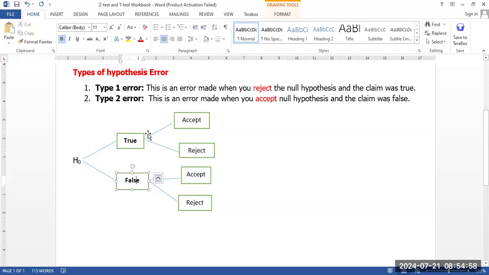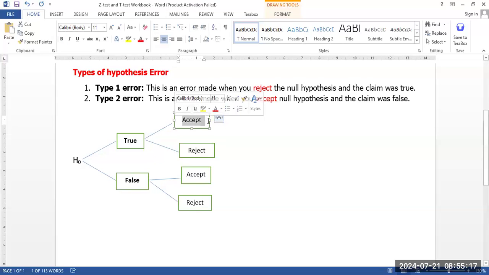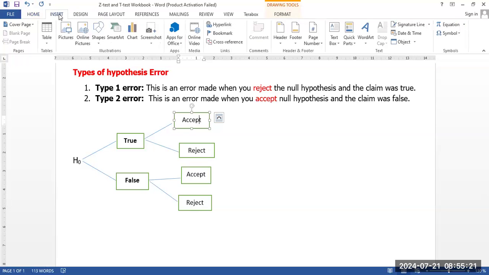Okay? So, if the null hypothesis is true and you accept what you stated is true, here we say no error. Here we say what?